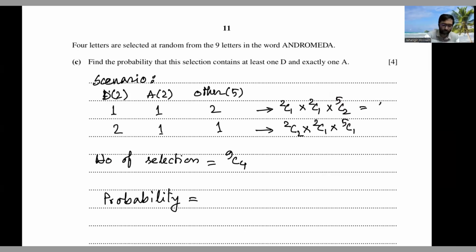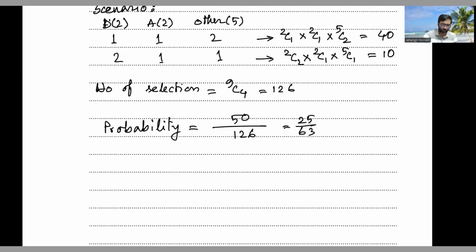This one is 40, this is 10, so this is 50 divided by 9C4, which is 126, I guess. So 50 by 126, that's the probability, 25 by 63. Yeah, that's the probability for this.